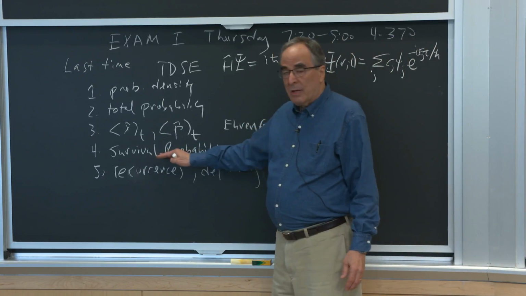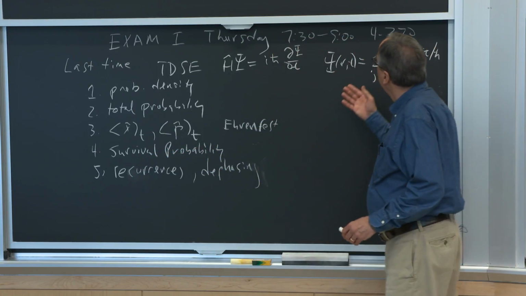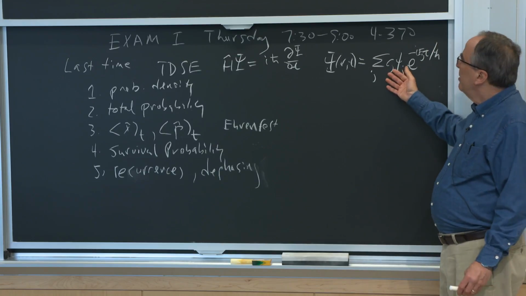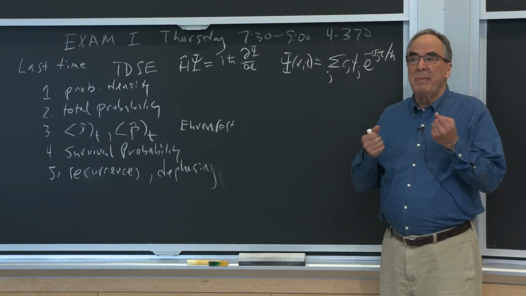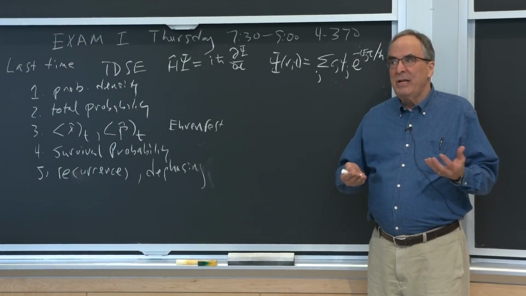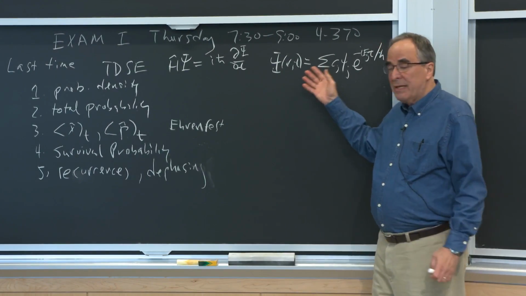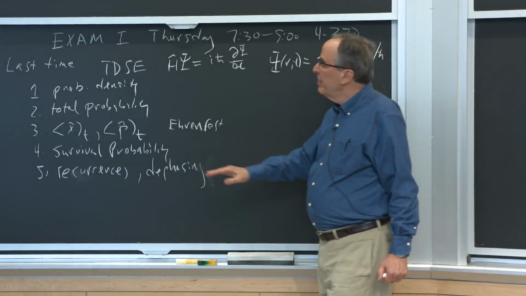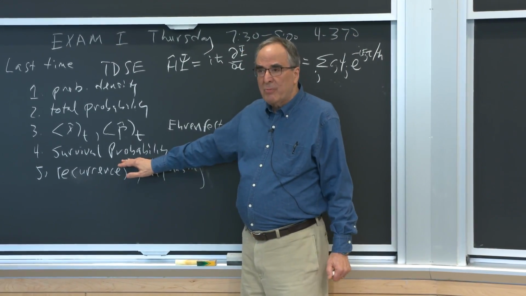Another useful tool: we have this wave function here, and there's a huge amount of information embedded in it, too much to just look at. We need ways of reducing that information. One of the nice ways is the survival probability.